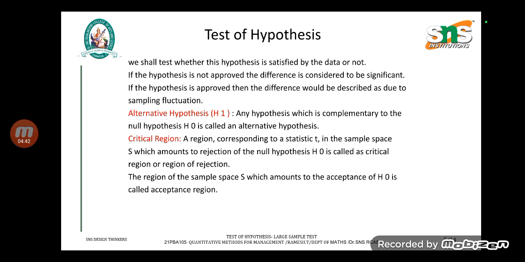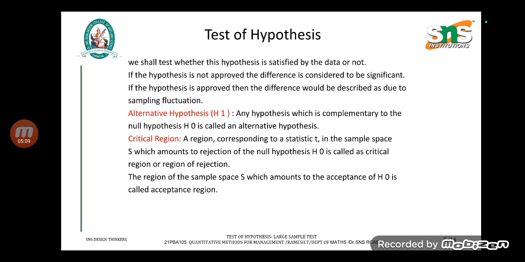The region of sample space S which amounts to acceptance of H0 is called the acceptance region. So what is the critical value or significant value? The value of the test statistic which separates the critical region from the acceptance region is called the critical value or significant value.